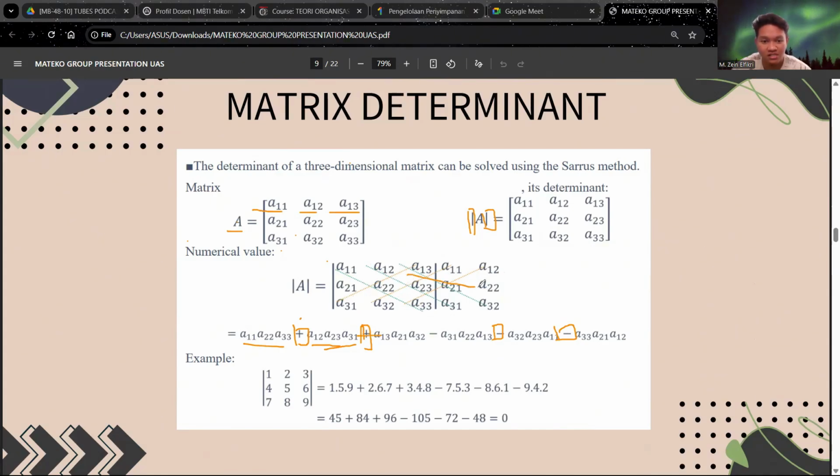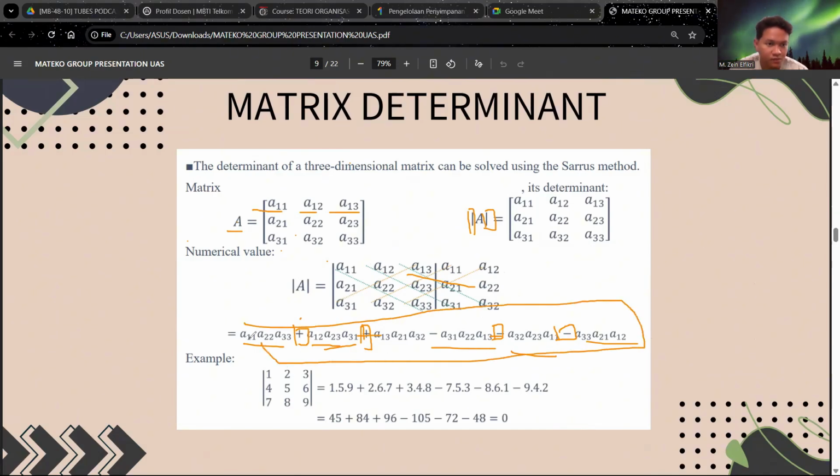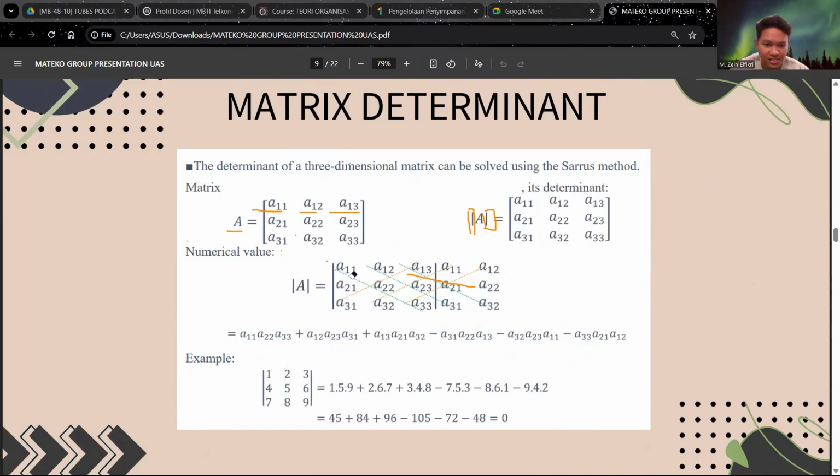And also from this, if we want to calculate A31 times A22 times A13, then we add minus, okay? Like this, and the last one like this. So we have the calculation like this. Okay, we continue to the example.